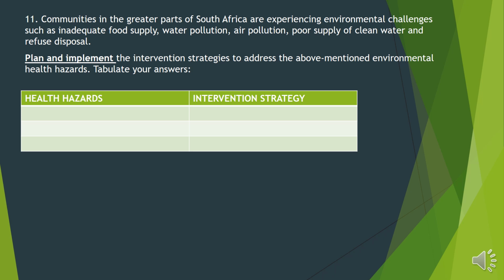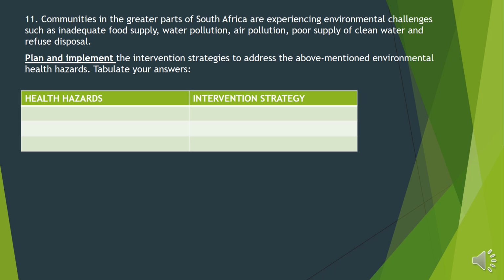And then the second step, after you've assessed the determinants of health, is planning and implementation of intervention strategies. So based on those determinants of health that you've identified and assessed in the first step, you now come up with intervention strategies, you plan for them, and you implement them.